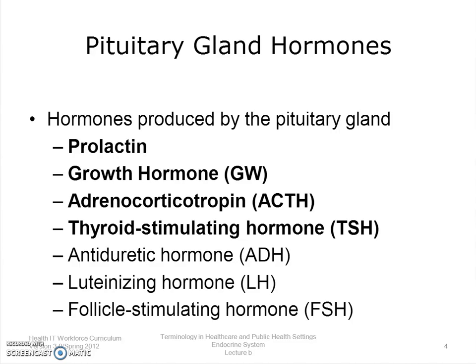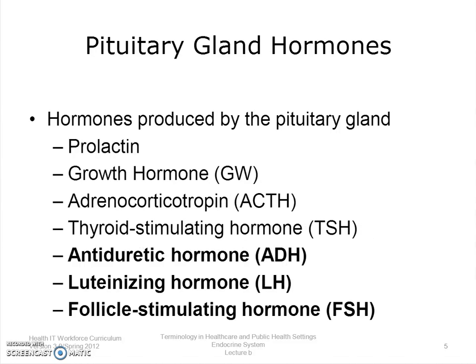Adrenocorticotropin, or ACTH, promotes the release of cortisol, another hormone which is produced by the adrenal glands. Thyroid stimulating hormone, TSH, promotes release of hormones from the thyroid gland and assists in regulation of the metabolic processes of the body.